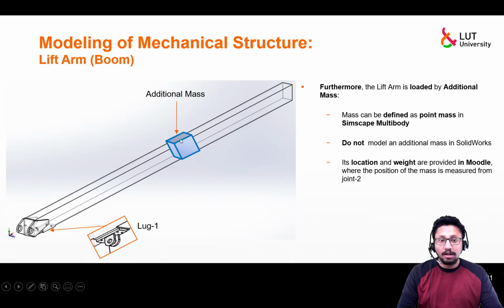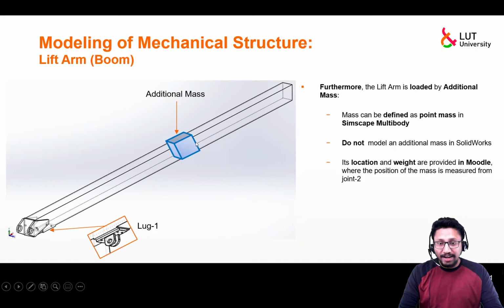You do not have to model a CAD file for this additional mass, because you can simply model it using the solid block in Simscape Multibody, and there you can define it as a point mass. So do not model an additional mass in SolidWorks, either in the lift arm or separately as a file.